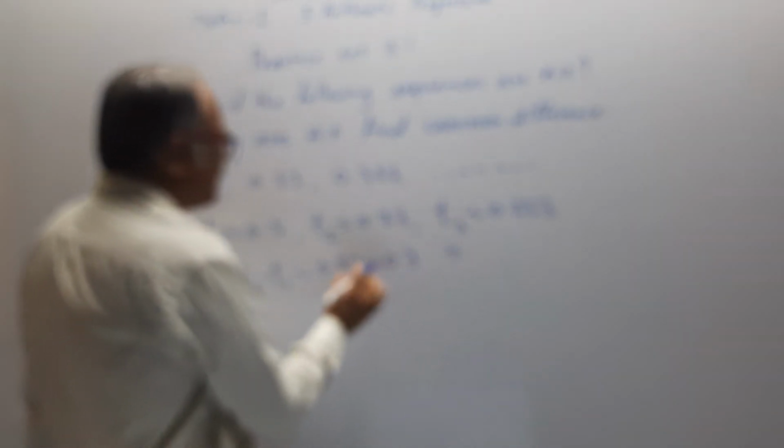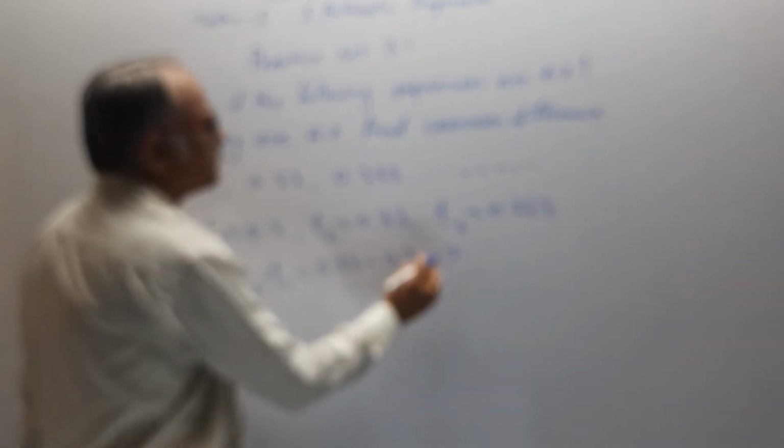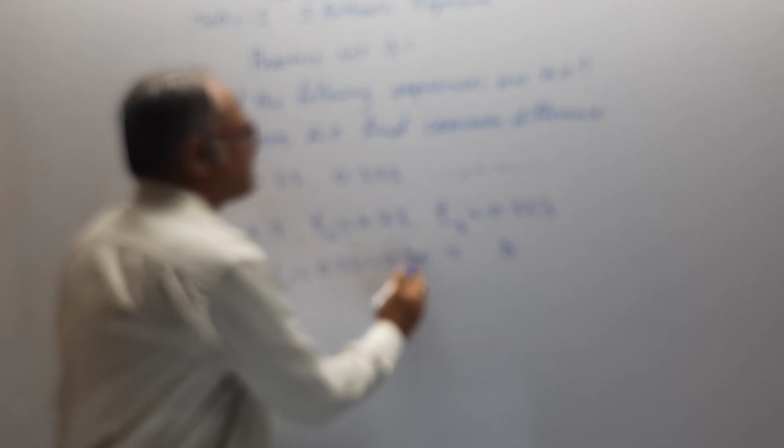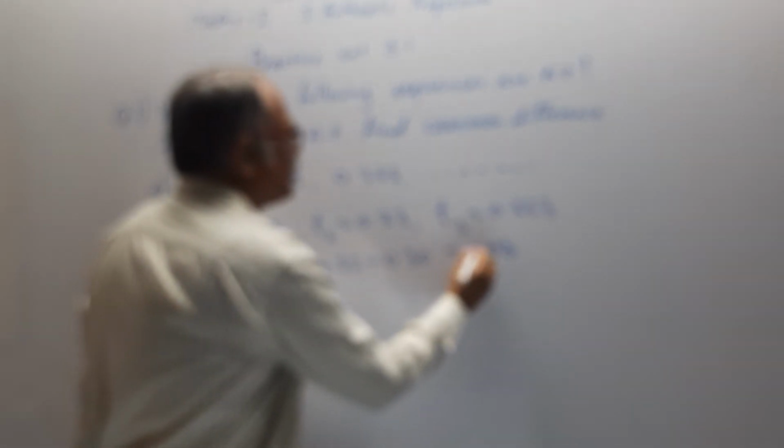When it is 2 decimals, it should also be written up to 2 decimals. 0.3 means only 30. So if we take the difference, second decimal 3 minus 0 is 3, first decimal 3 minus 3 is 0. So what is the difference here? 0.03.